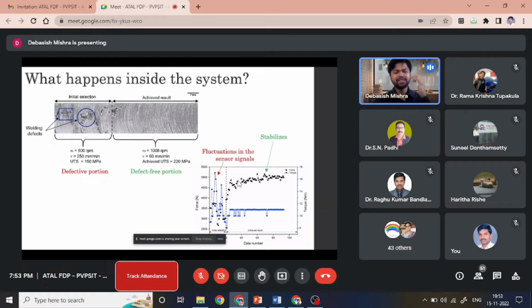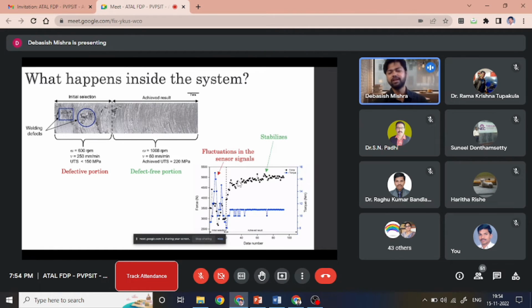So what exactly is happening inside this entire IoT system? To show that, I have taken one of the samples. Again, here there is a dashed line, and to the left of the dashed line we had a defective portion. To the right of the dashed line we had a defect-free portion. As you can see, this graph at the bottom shows that for the defective portion there were unsteady components in the signal.